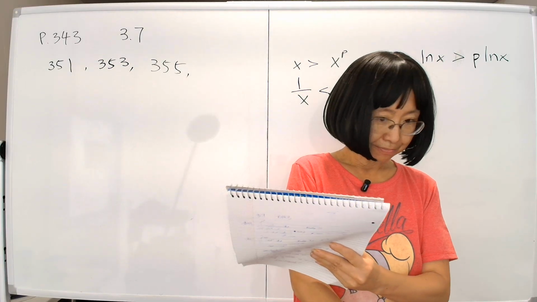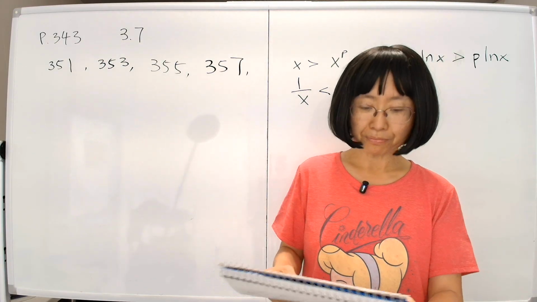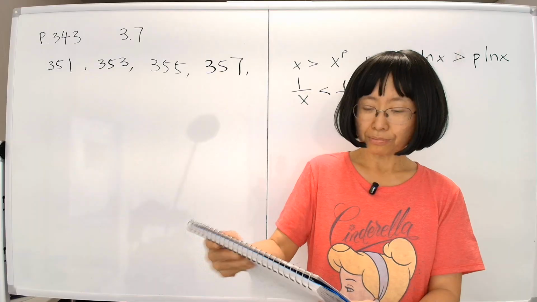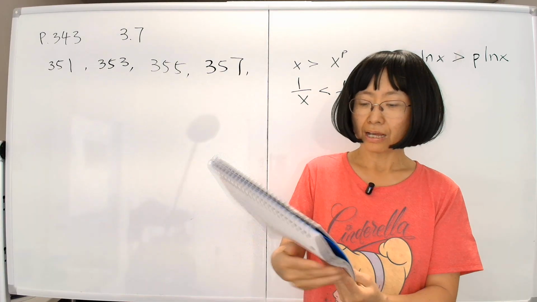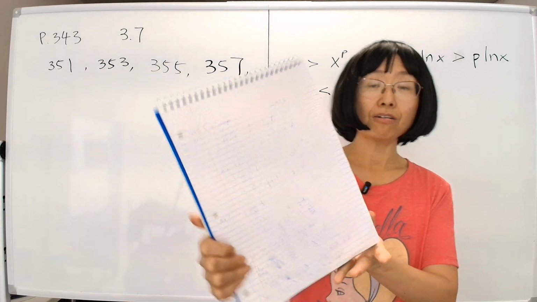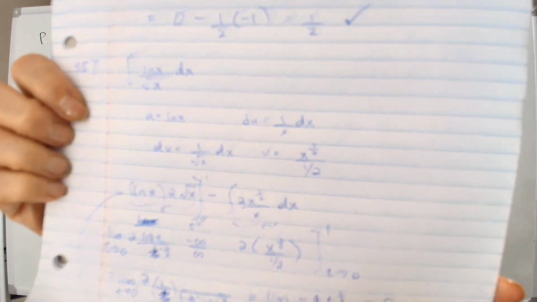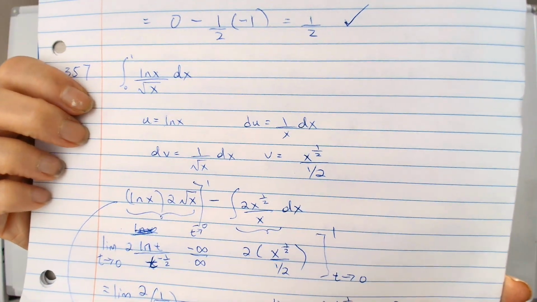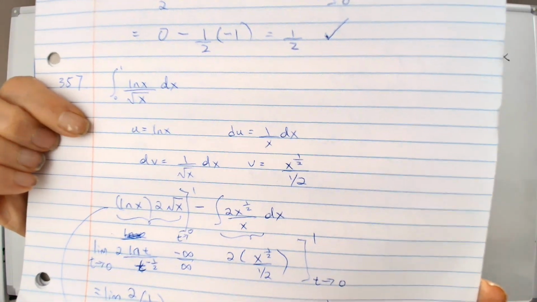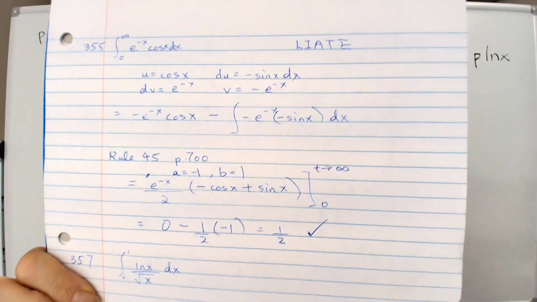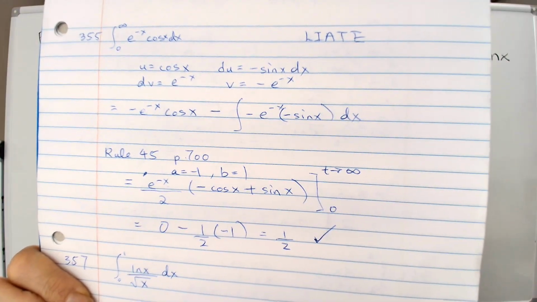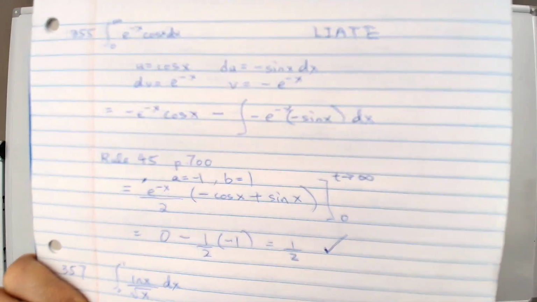All right. Next, let's look at problem 357, where we're supposed to integrate from 0 to 1 of the natural log of x over the square root of x. To do that, I decided to do integration by parts, following that LIATE symbol from before, where the log takes first choice.